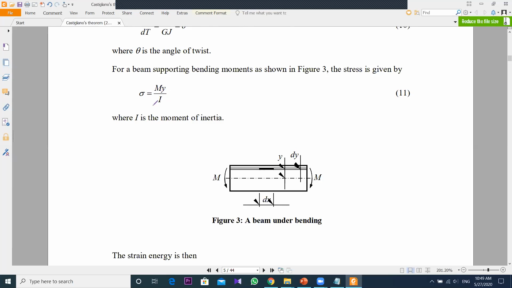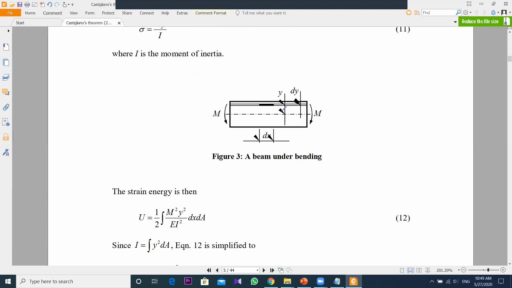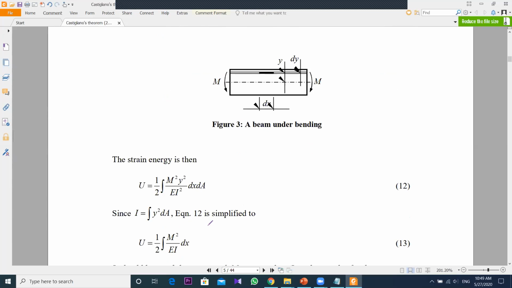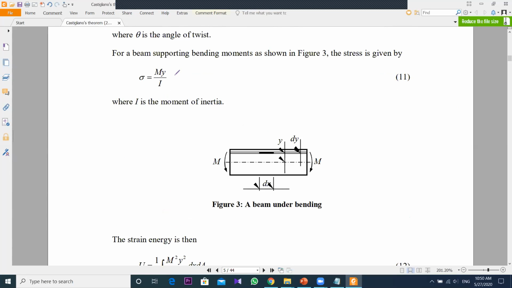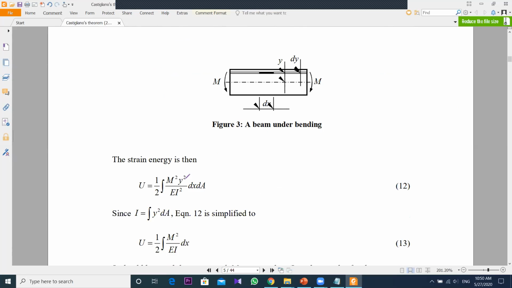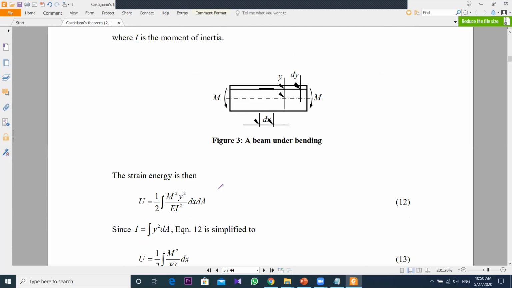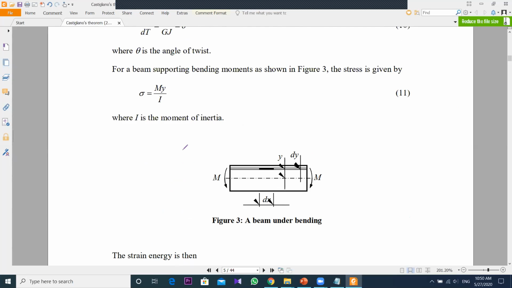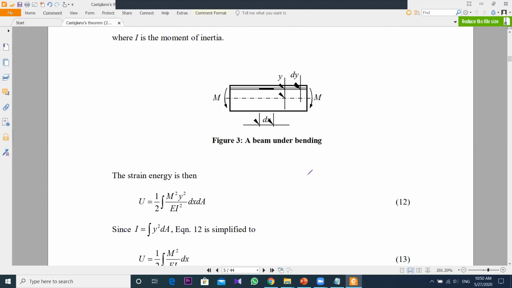Then the stress. In here you need to keep in mind there is a sign convention. I will explain that sign convention later, but the bending moment functions you can introduce to that particular function you learned earlier. So you had that equation in here.